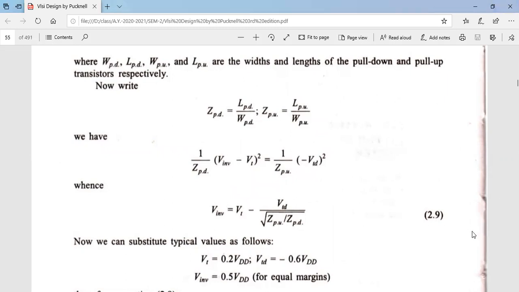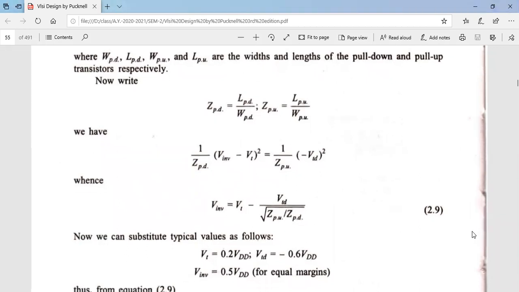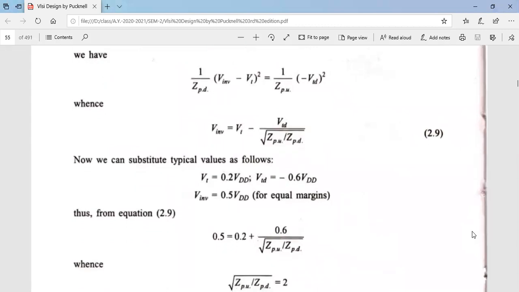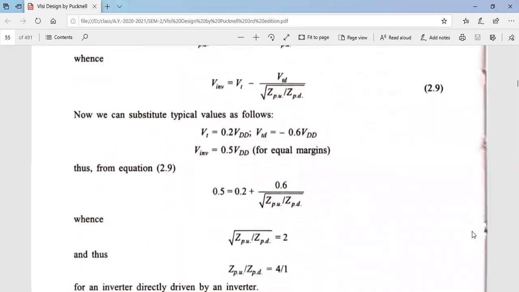Now we can substitute the typical values for VT and VINV. So we can have the value of Z pull-up to Z pull-down as 4 by 1.